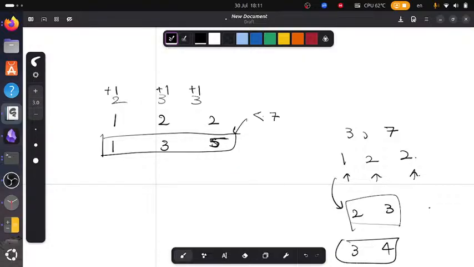So that becomes 3 into 1, 3 into x number of days is smaller than 7. So this is the ith index, right? Ith index times x number of days. Let's just call this k number of days, all right? So I times k number of days is smaller than or equal to 7.